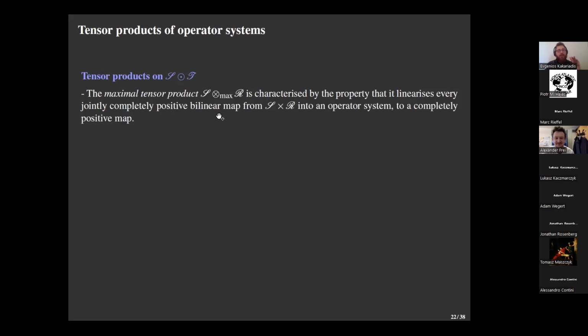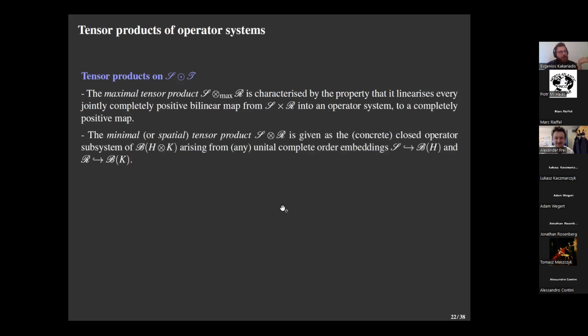And jointly completely positive here means that I can take whatever matricial structure I want here, M_n(S), and the same thing on R, M_m(R), and then I produce a new map that takes all possible combinations between the entries from M_n(S) and M_m(R). If you have such a map, then it induces a map on the maximal tensor product.